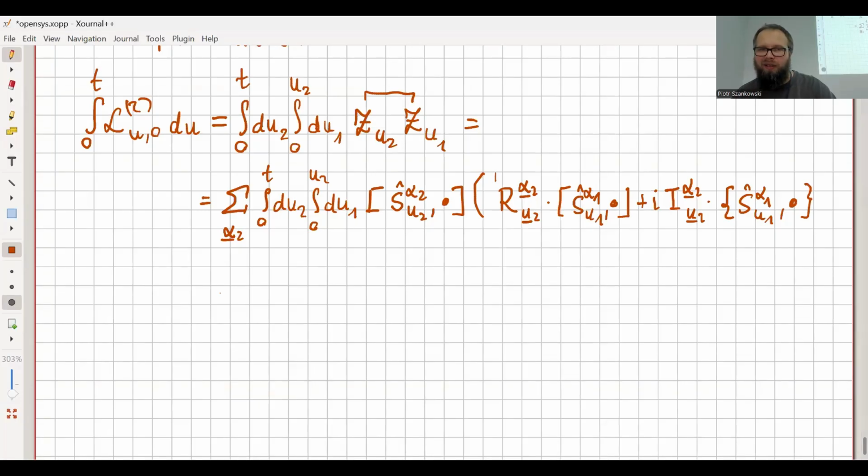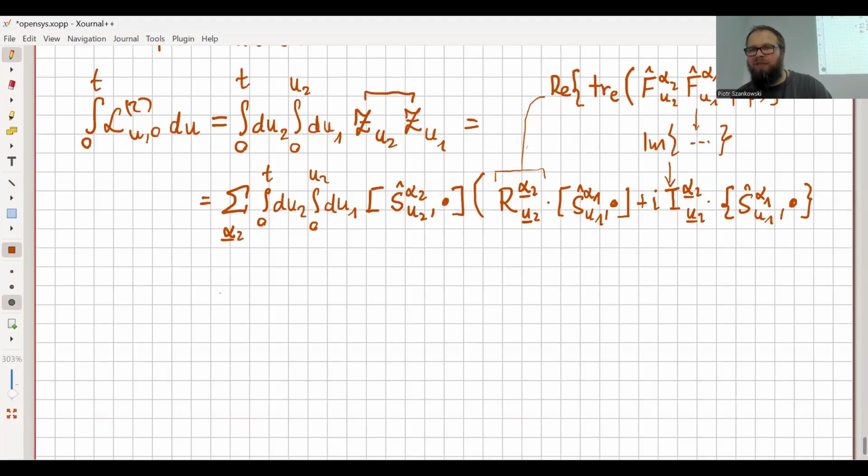Just a reminder of the notation we used previously: R is the real part of the two-time correlation function of the environment, alpha 2 u2 times alpha 1 u1 with rho_E beta, and I is the same but the imaginary part.